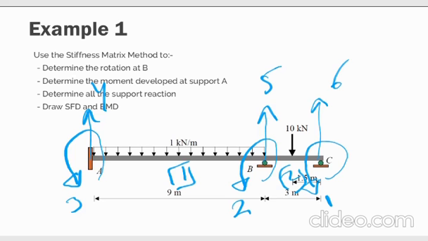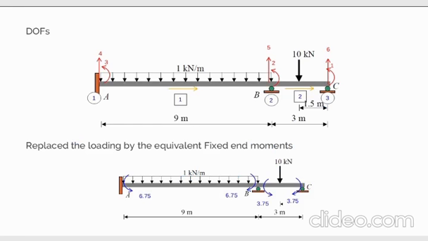Then after that, to make the solution easy, I should change the supports. I have two roller supports, at B and C, and I change them to fixed. So this one is fixed, and at C we also have fixed.